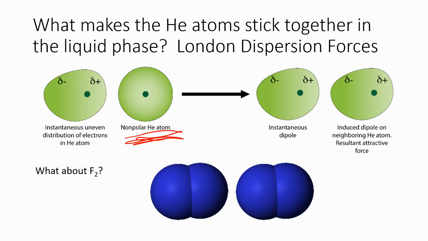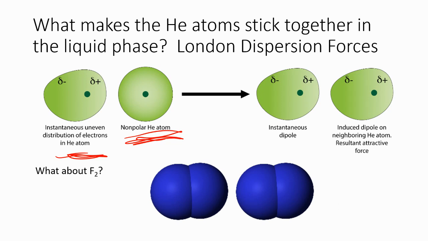But it turns out that electrons are funny, and they can, on their own, appear on one side of the atom or molecule for no apparent reason. We would call that random chance. The picture on the left is an atom of helium that, for whatever reason, has its electrons showing up on the left side of the atom. How do I know that? Well, helium has two electrons total, and it looks as if this atom has been distorted.